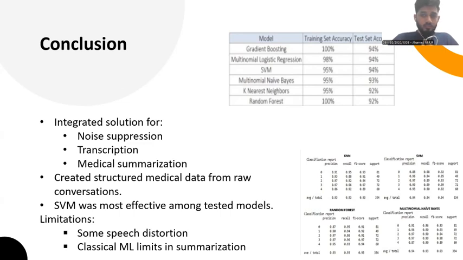They tried several models, and they found the SVM was very accurate, so they used SVM. SVM was the most effective among the tested ones. There were also some drawbacks: some speech distortion and classical machine learning limits in summarization.